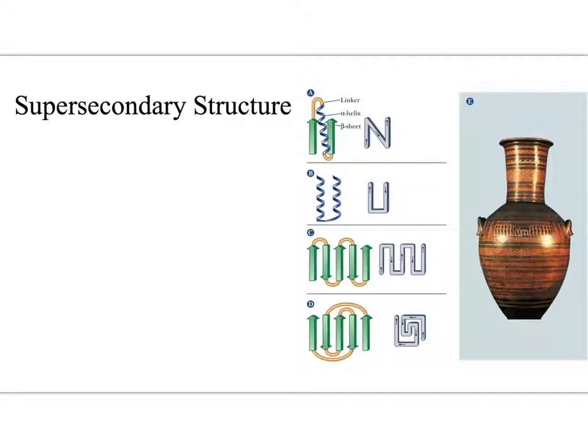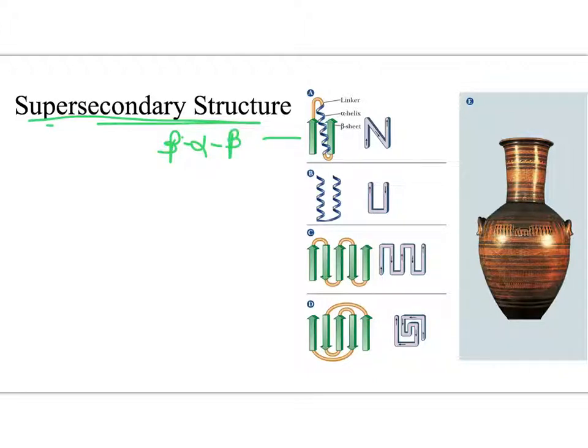Now we won't focus too much on this, but there are what are referred to as supersecondary structures. These supersecondary structures take these beta sheets and alpha helices and put them together in different ways. This is just showing us a couple of different ways that we can combine these structures. So in the top here, we have a beta alpha beta unit.